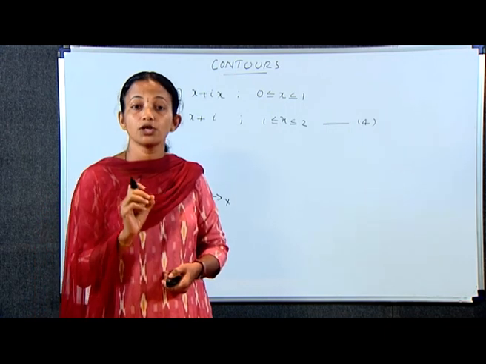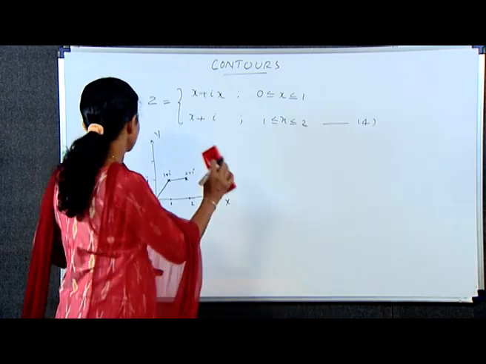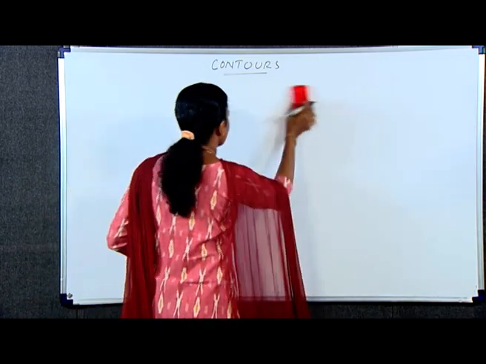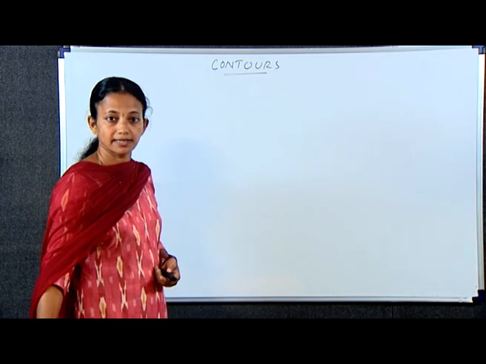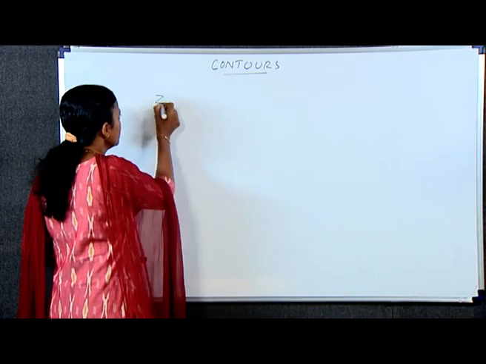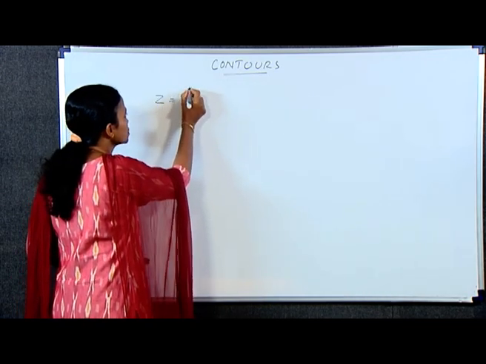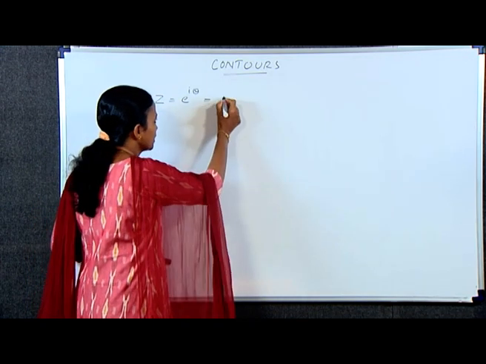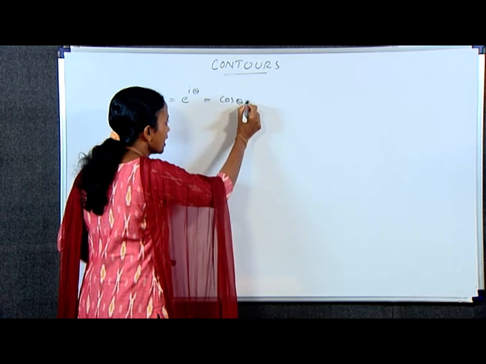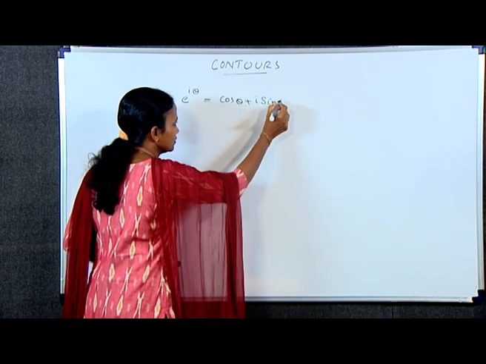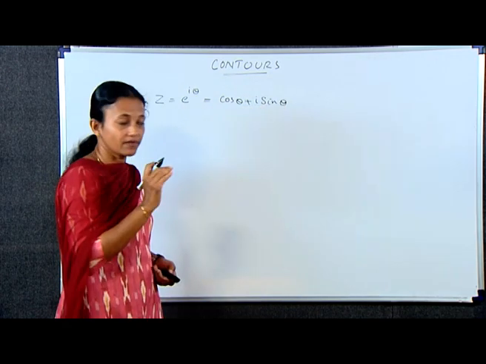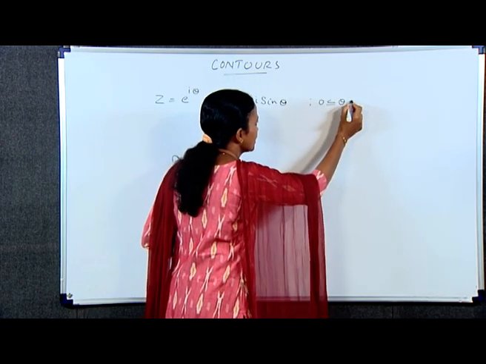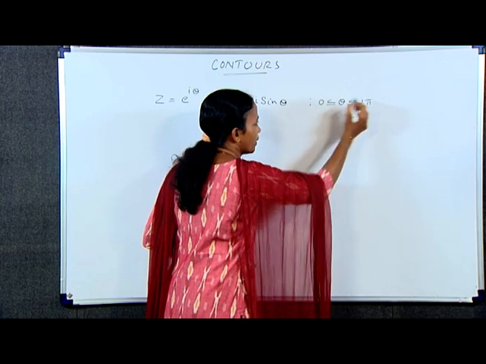Next we have the unit circle. The next example is the unit circle, that is z = e^(iθ), which we can write as cos θ + i sin θ. Here θ varies from 0 ≤ θ ≤ 2π.